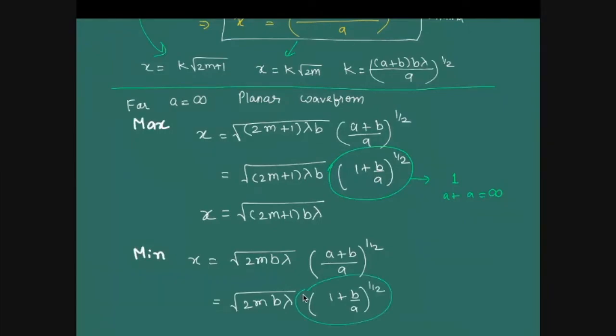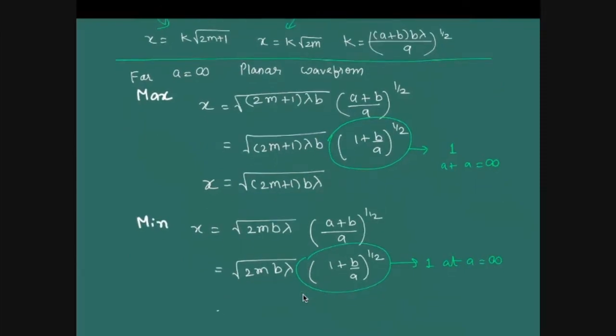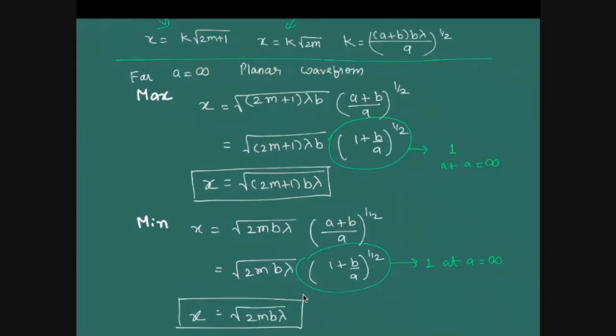So here also this thing will go to 1 at a equals infinity. So I can write x equals root of 2mb lambda. Okay. The bottom two equations are for a planar wavefront.